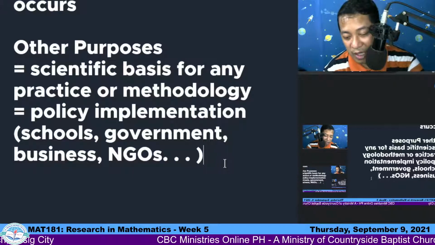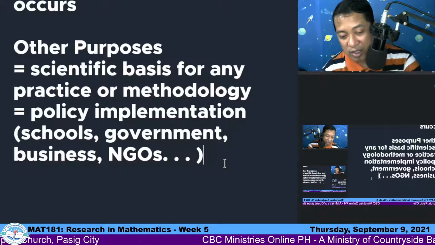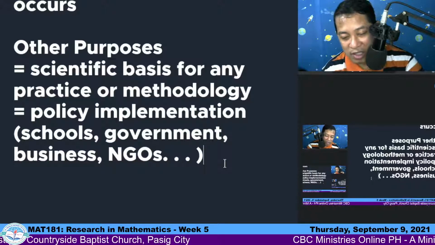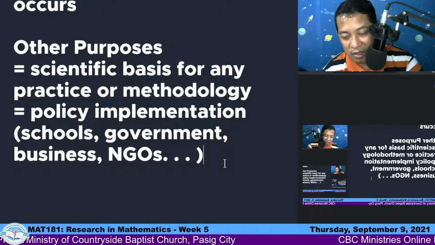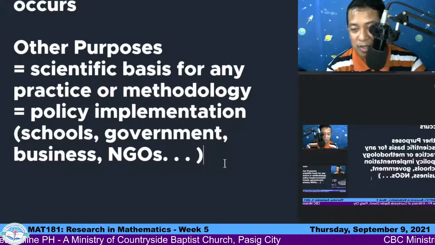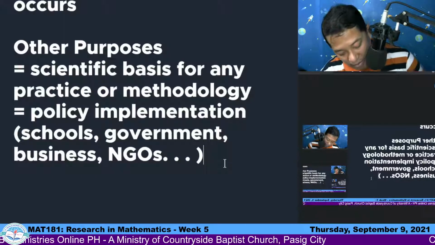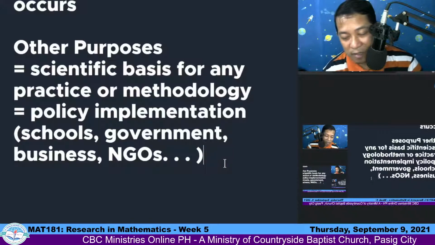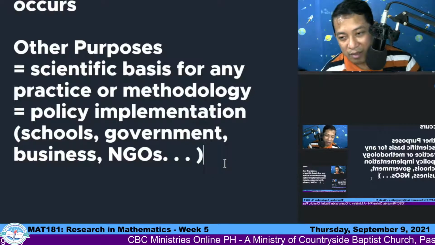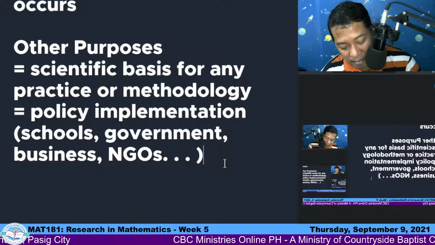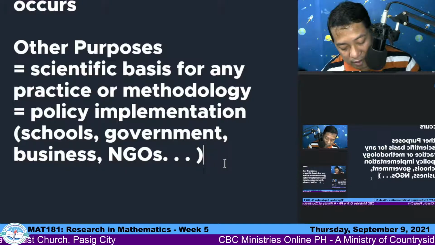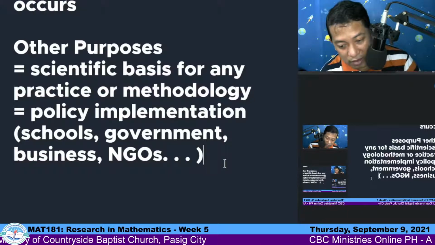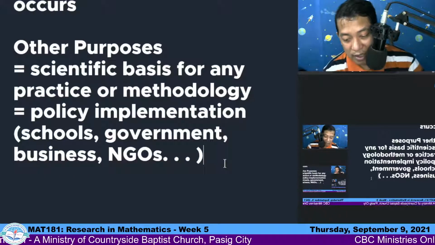So kailangan ng masusing research niyan, scientific basis, we have this testings, etc. So maraming mga procedures yan. So yan yung isang purpose ng research. Kasi kung walang ganito, naku po, baka kung ano lang iturok sa inyong brand at hindi naman bakuna pala yun, no? So lalo pa nagkaroon ng problema. Okay. So, yun po mga kapatid, no? So, yun yung iba nating mga nakikita.